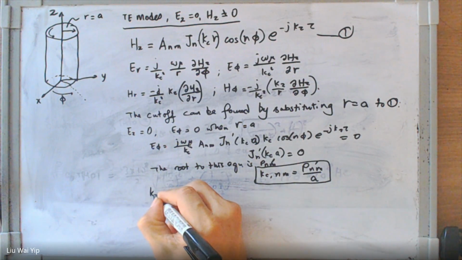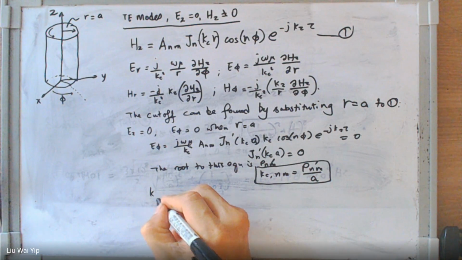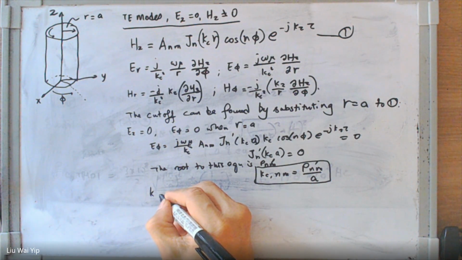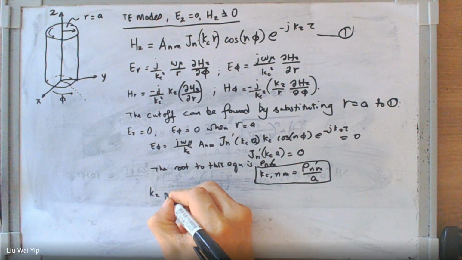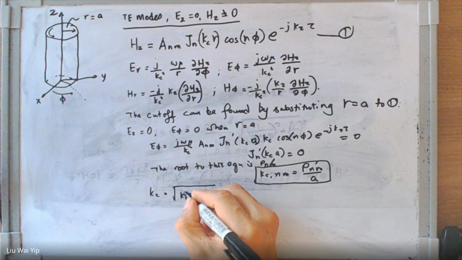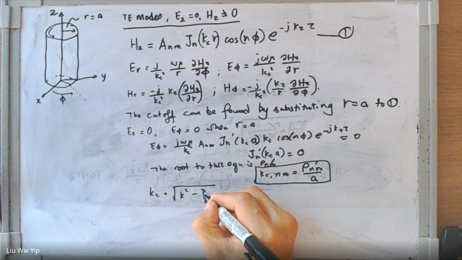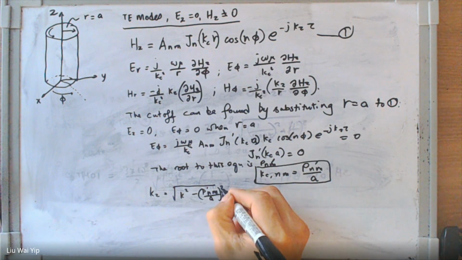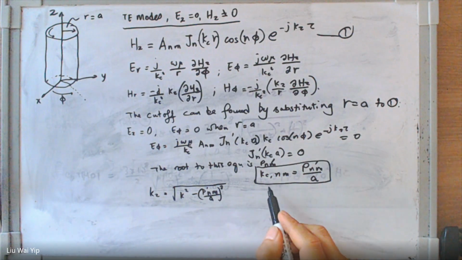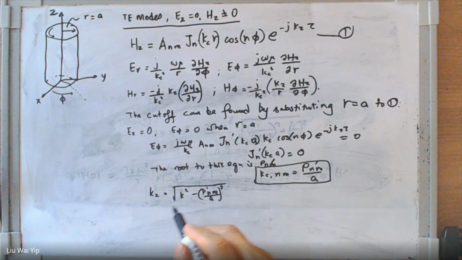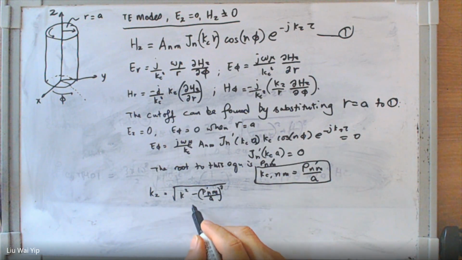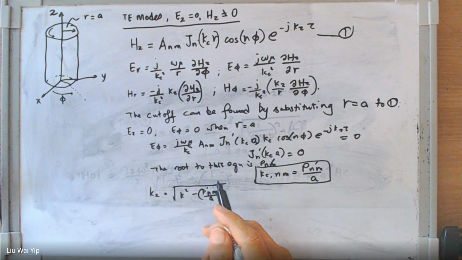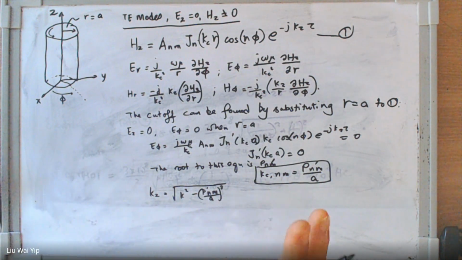So kz is equal to the square root of k squared minus p'nm over a squared. So this guy here is the cutoff. So from the cutoff, we can calculate the propagation constant in the direction of propagation.